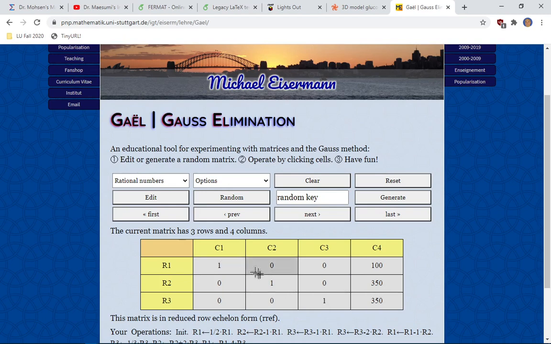So when your coefficient matrix becomes like this, just ones on the diagonal, everybody else is 0, we call that the identity matrix. We are done. And when it's in that form, it really reads x is equal to 100. Or if you wish, x1 is 100, x2 is 350, x3 is 350. So we are done with that.